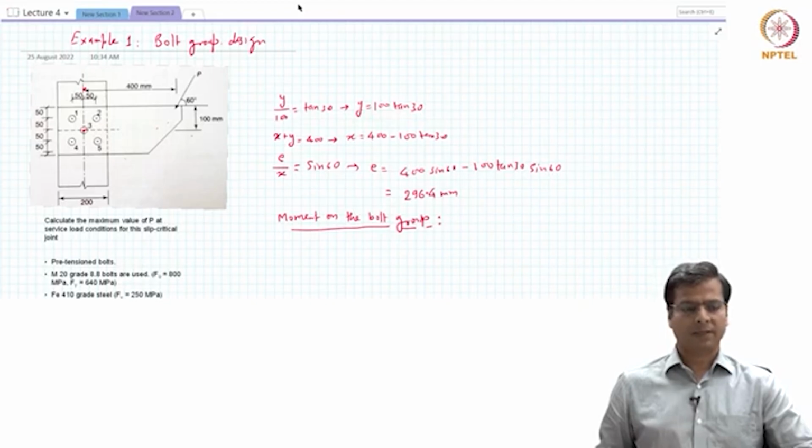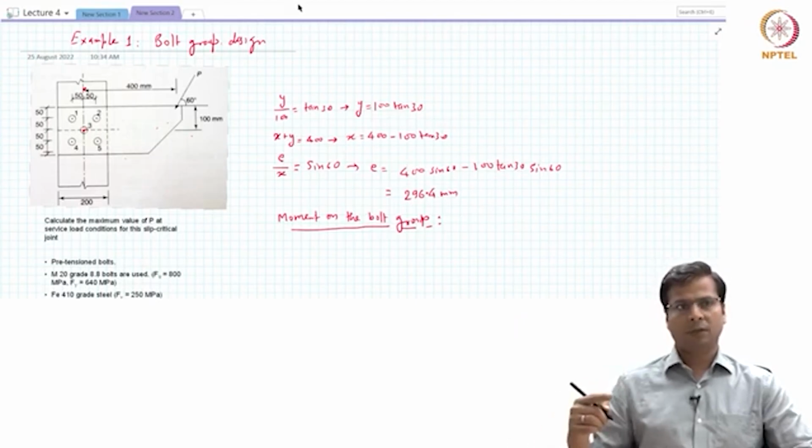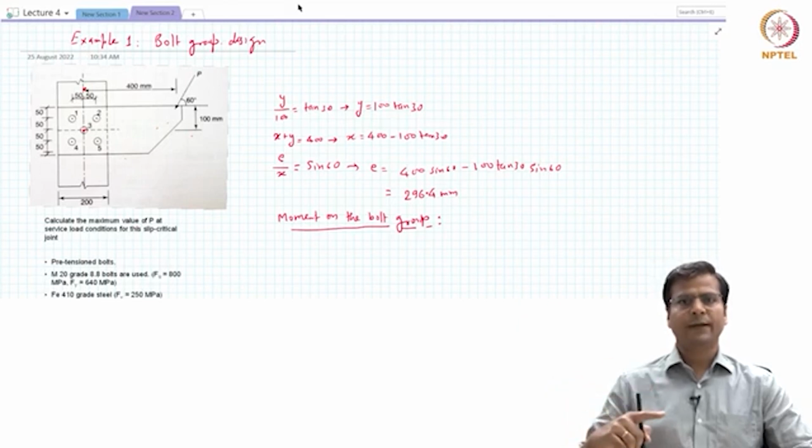But if, let's say, one bolt was slightly stiffer or one bolt was slightly farther, then the centroid would shift its position. The principle that we need to follow for that is that the force that one bolt would resist will be proportional to its distance from the centroid. That is one.